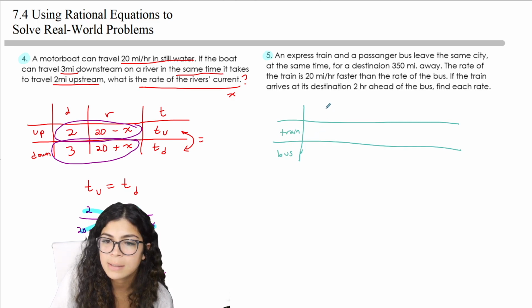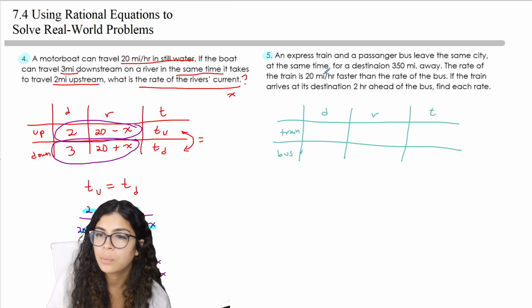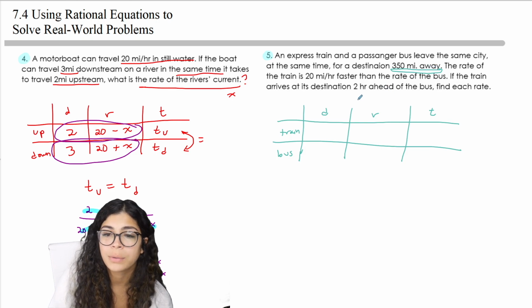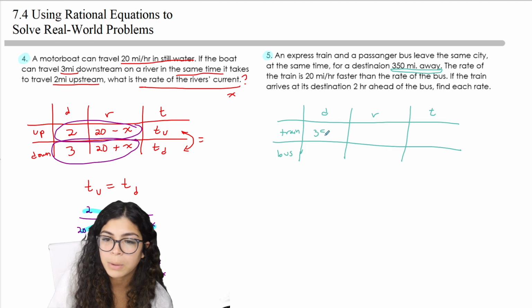And again, we need distance, rate, and some relationship with time. So let's start reading again. The destination is 350 miles away, okay? So that would be the same for the train and the bus. The distance doesn't change, right? The distance for both is 350.